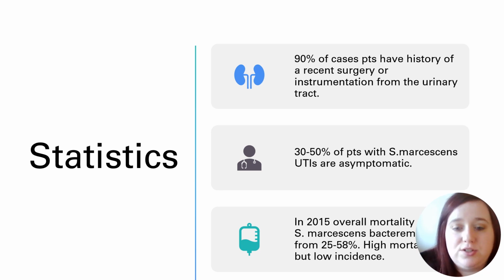And in 2015, overall mortality of Serratia in the bloodstream was 25 to 58%, which is high mortality, but it's a low incidence.